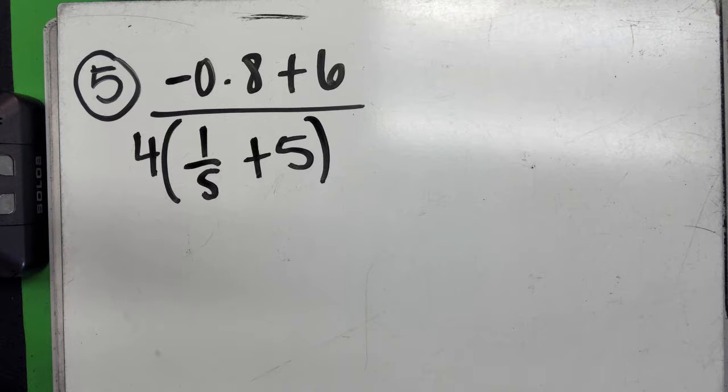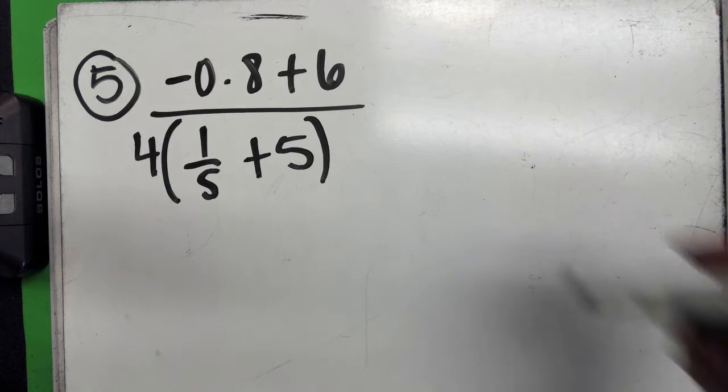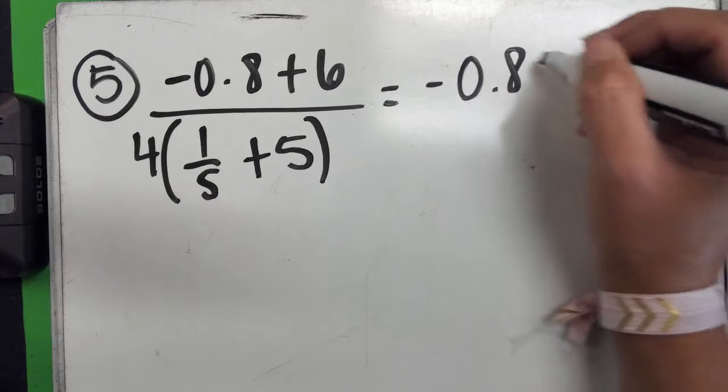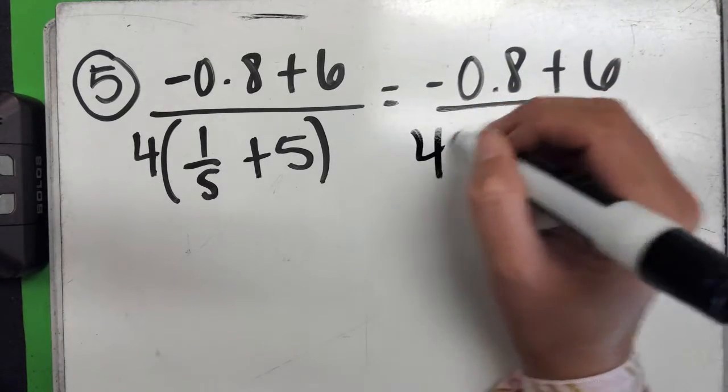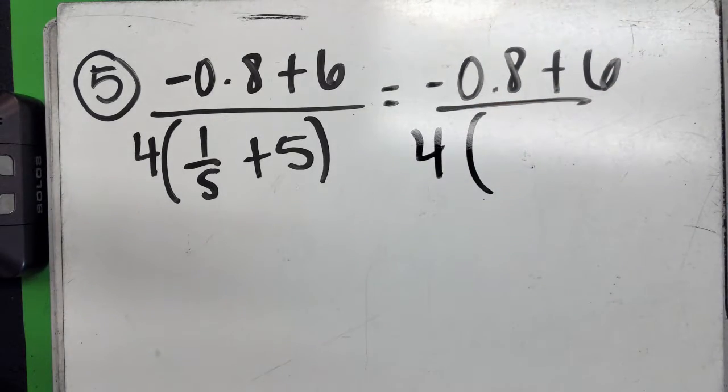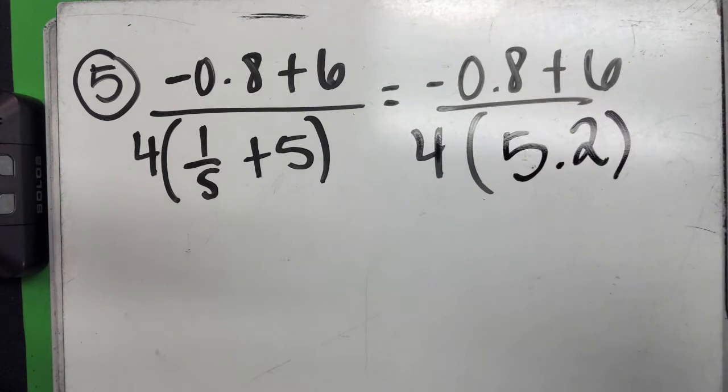What's first in order of operations? Parentheses. Good. Let's take care of that. On bottom, tell me what 1 over 5 plus 5 is. You can put it as a fraction or a decimal. I got 5.2. Did everybody get 5.2?